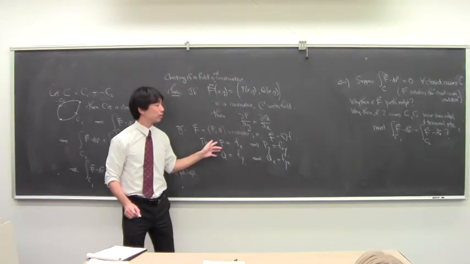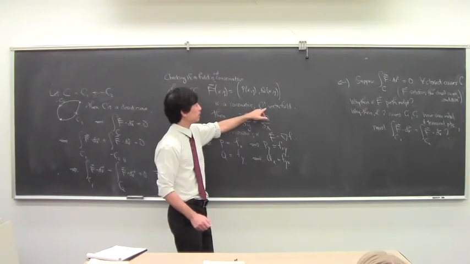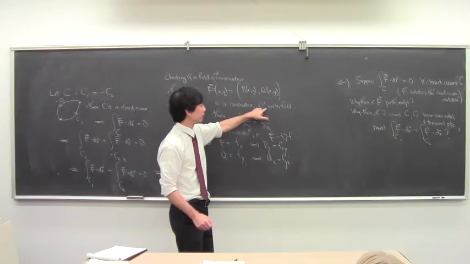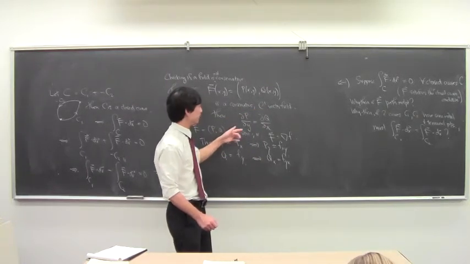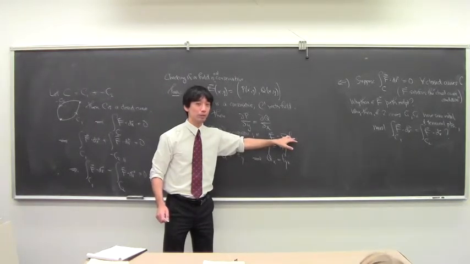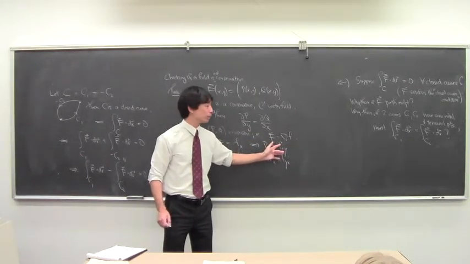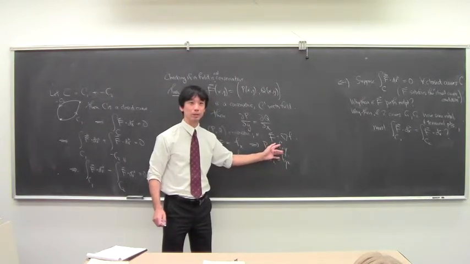But if this is a C1 vector field, then that says that the function has continuous partials up to the second order. Having continuous partials up to the second order means that you can invoke Clairaut's theorem, which says that the mixed partials have to be equal to each other.